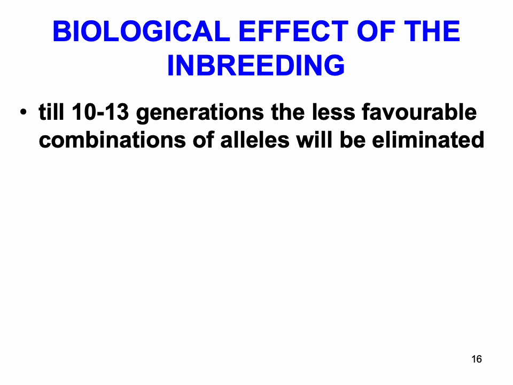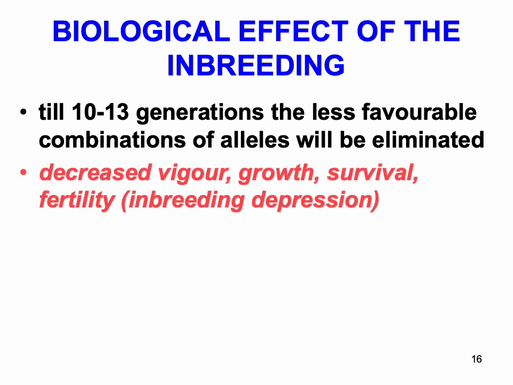So we can see that until 10 to 13 generations, the less favorable combinations of alleles will be eliminated. The remaining will show a decreased vigor, growth, survival, and fertility, which is called inbreeding depression.